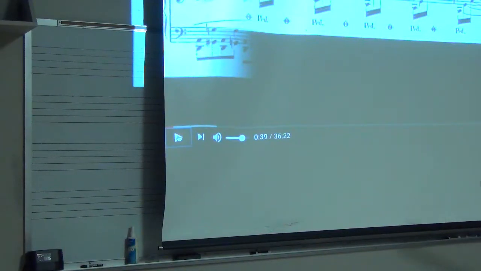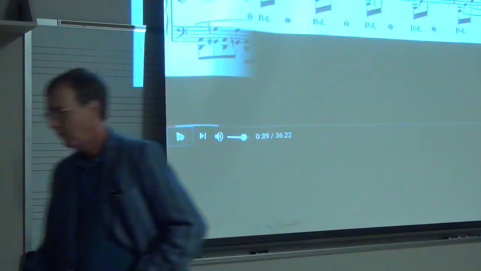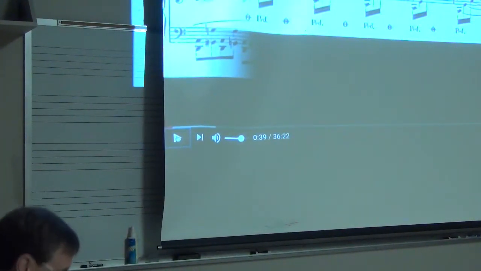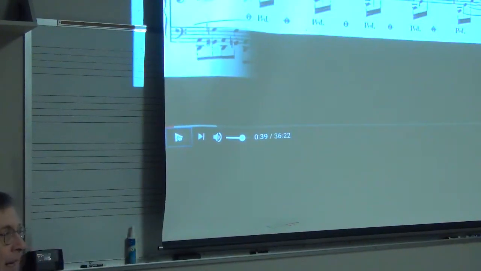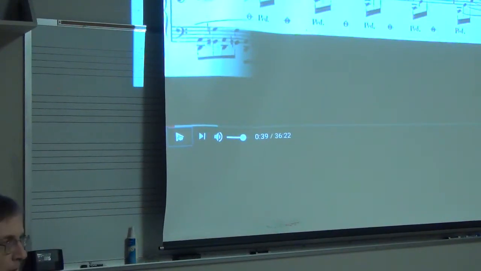Now, if you think to the first prelude in C major by Johann Sebastian Bach, you'll all recognize this. It's been used in so many famous movies.